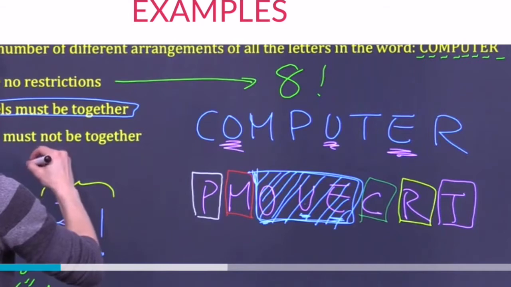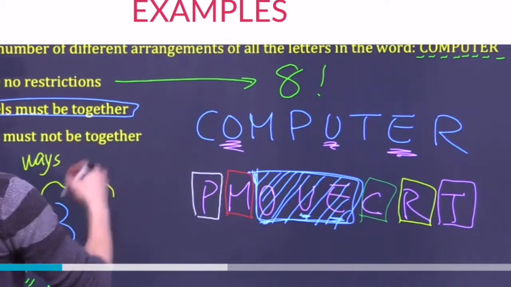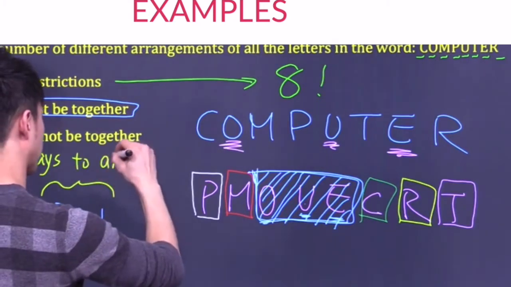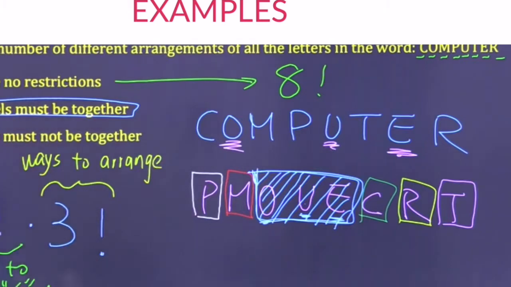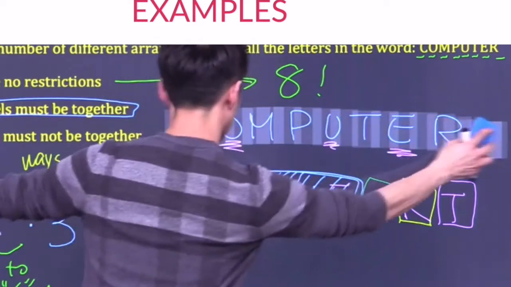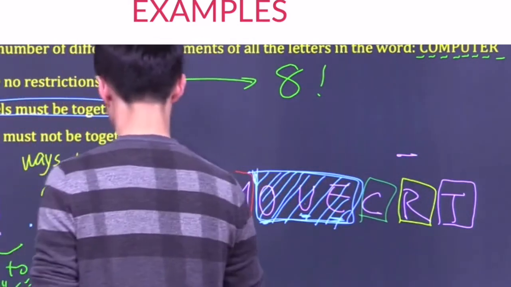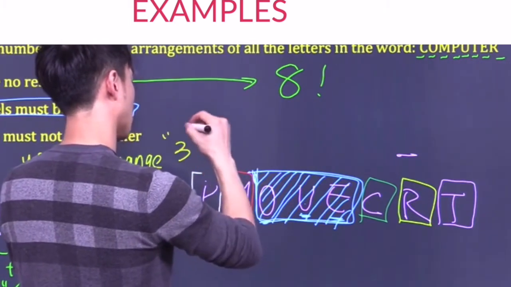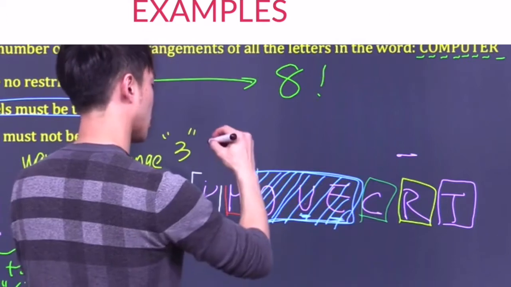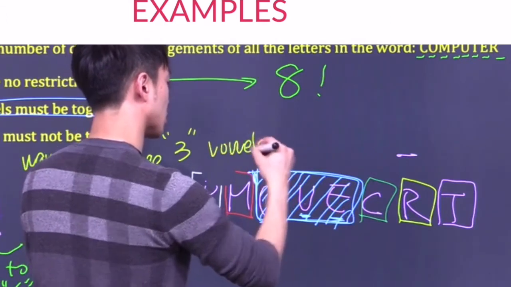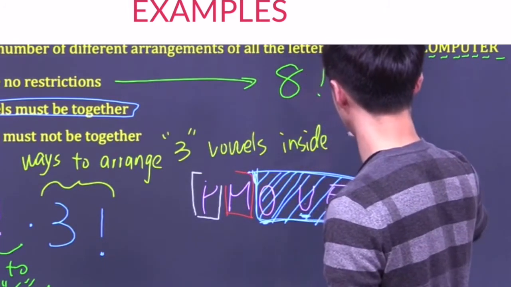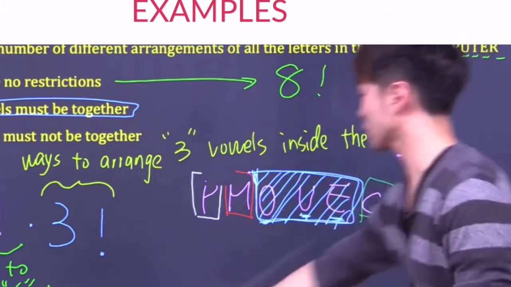So this comes from ways. We have 3 factorial ways to arrange these 3 letters, to arrange the 3 vowels, right? 3 vowels inside the extra large box, right?